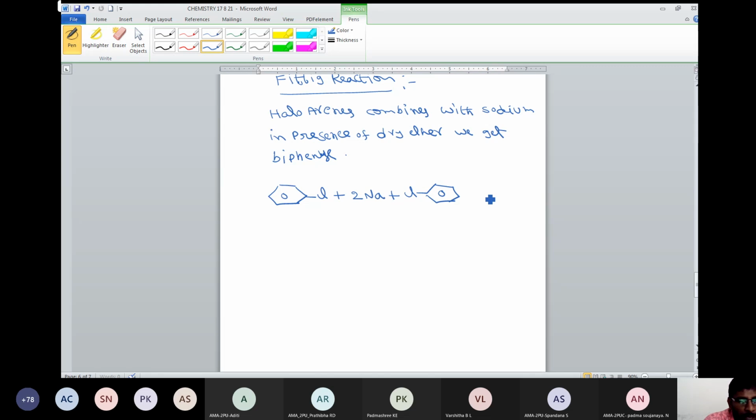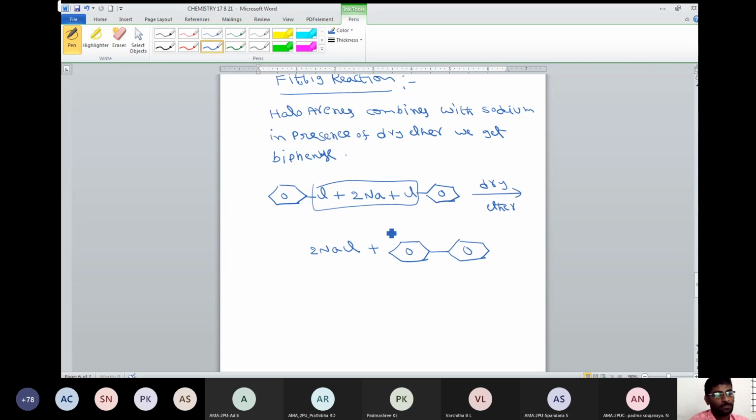Taking two haloarenes, combining with two sodium in presence of catalyst dry ether, what do we get? Again, what will be removed here? 2 NaCl will be removed. On removing 2 NaCl, this benzene will combine with another benzene. The product is called biphenyl. The reaction name is Fittig reaction.